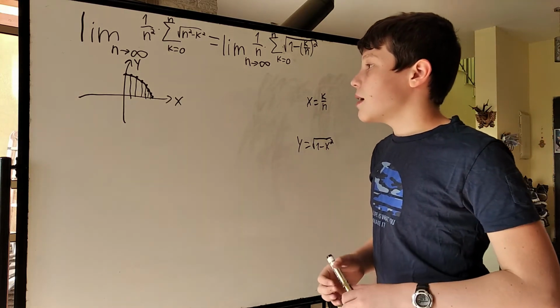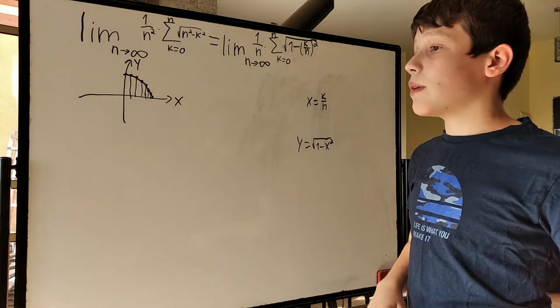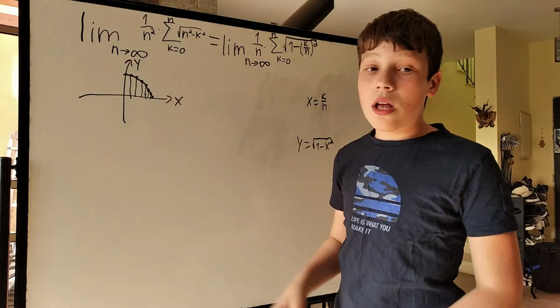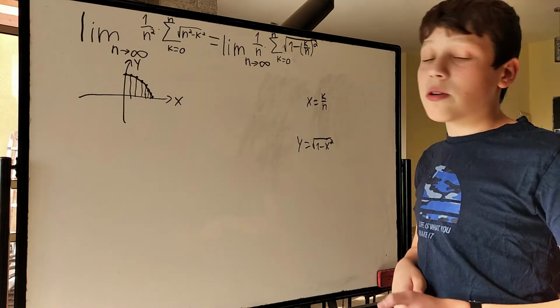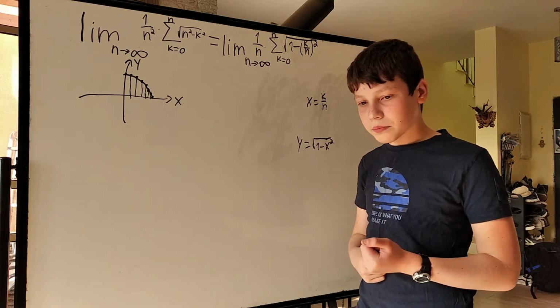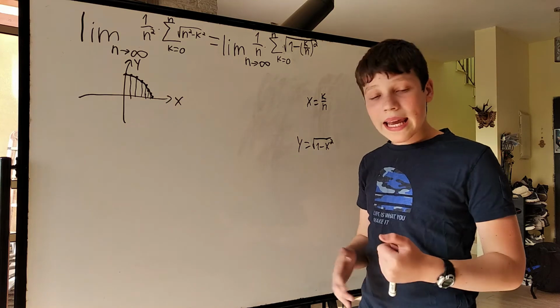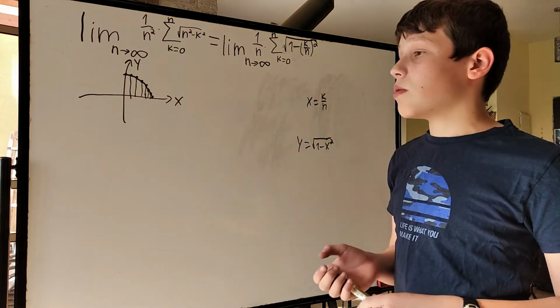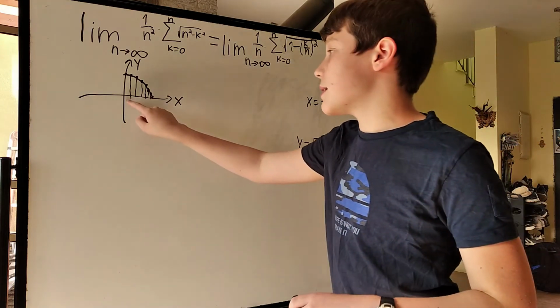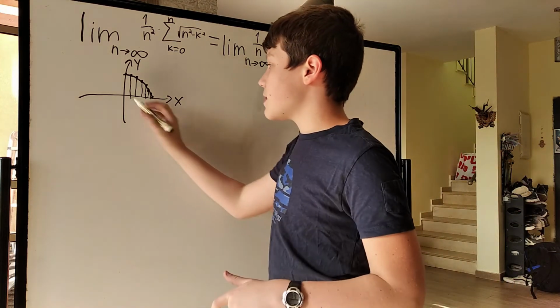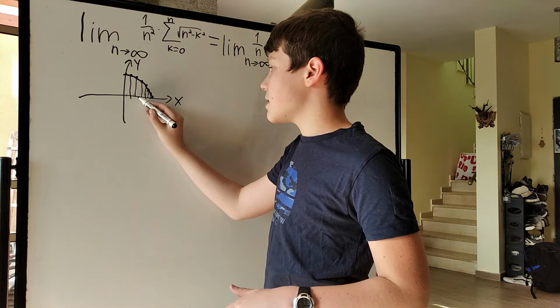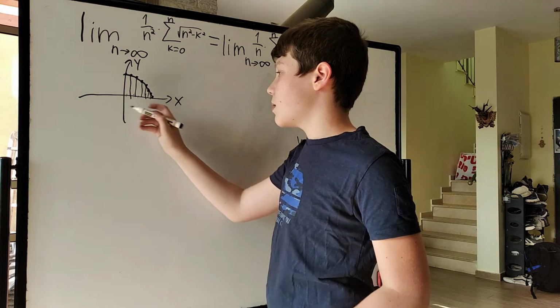Meaning that if we look at the gaps, we have n gaps between those points geometrically. And those are also all equal distances along the x-axis. So I'm saying that this is equal to this, is equal to this, and so on.